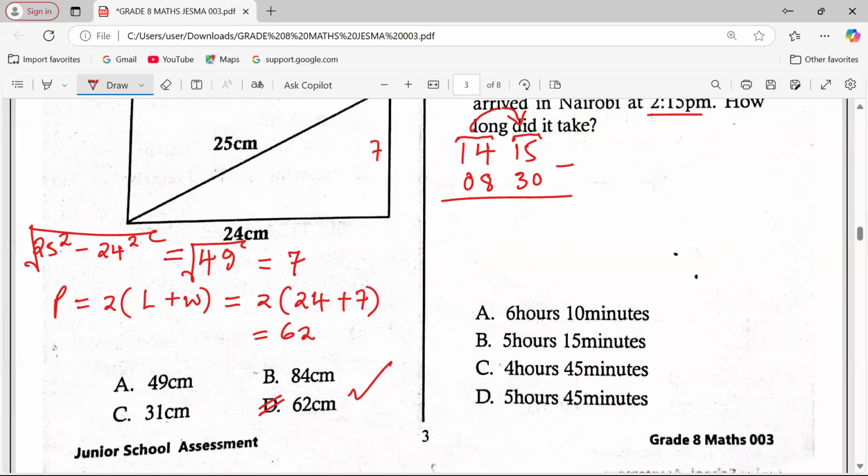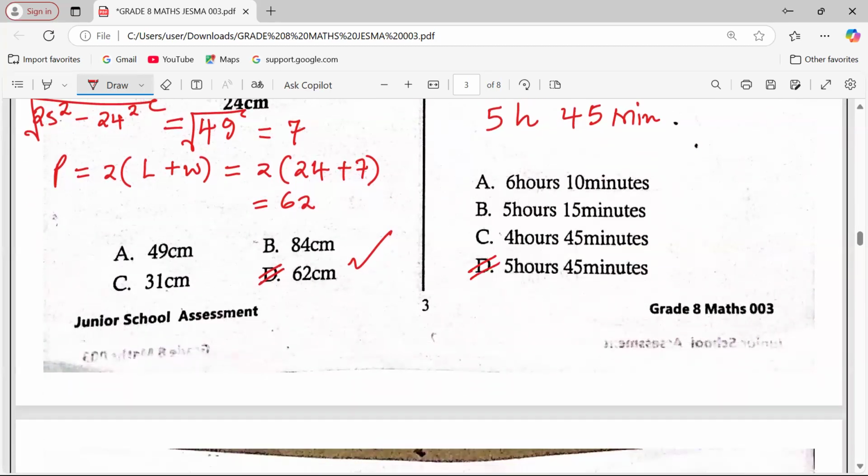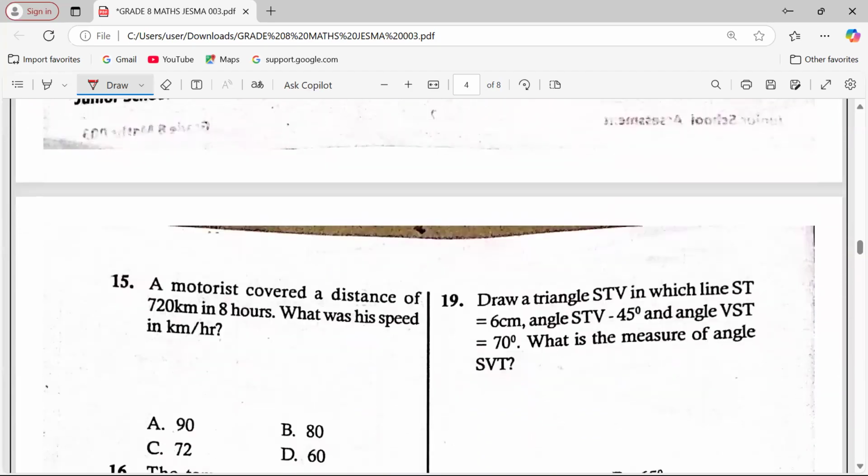That becomes now 75. 75 minutes minus 30 minutes will become 45 minutes. And on the other side now, we are left with 13 after carrying 1 hour. 13 minus 8 is 5 hours. So we will have 5 hours, 45 minutes. The best choice becoming part D.